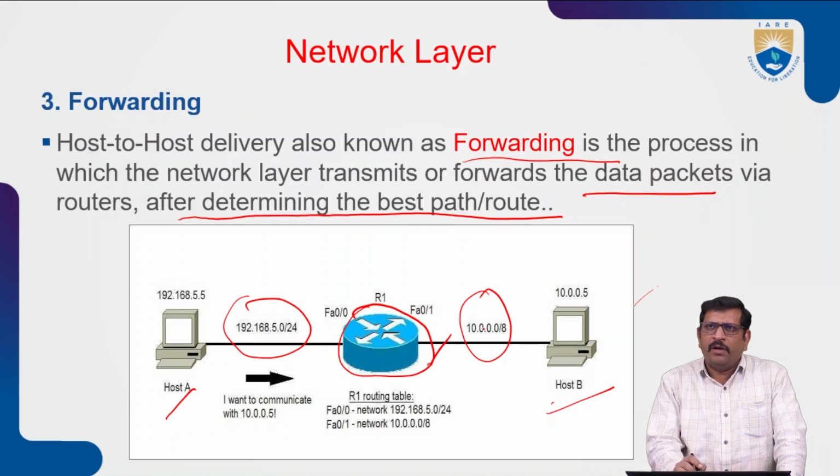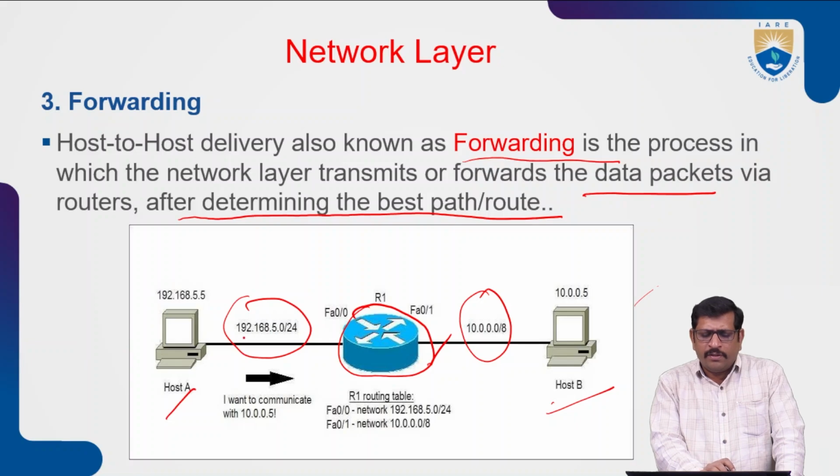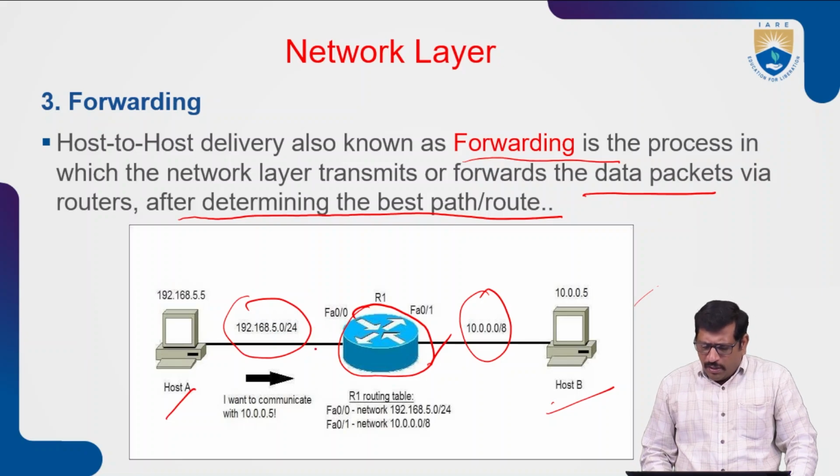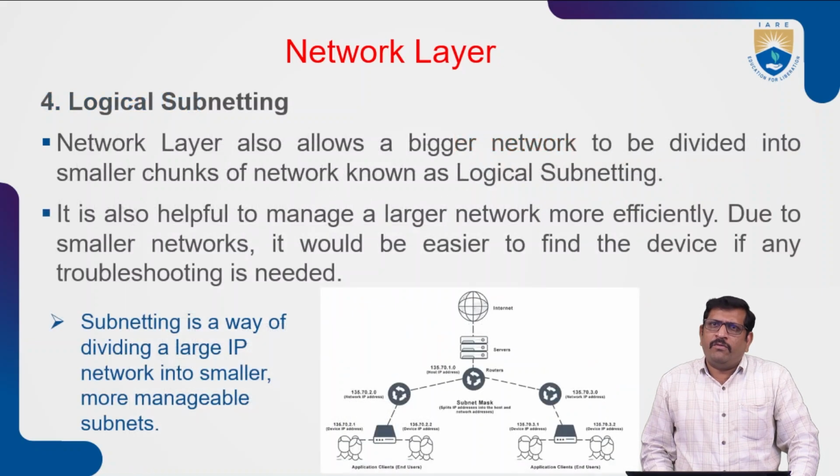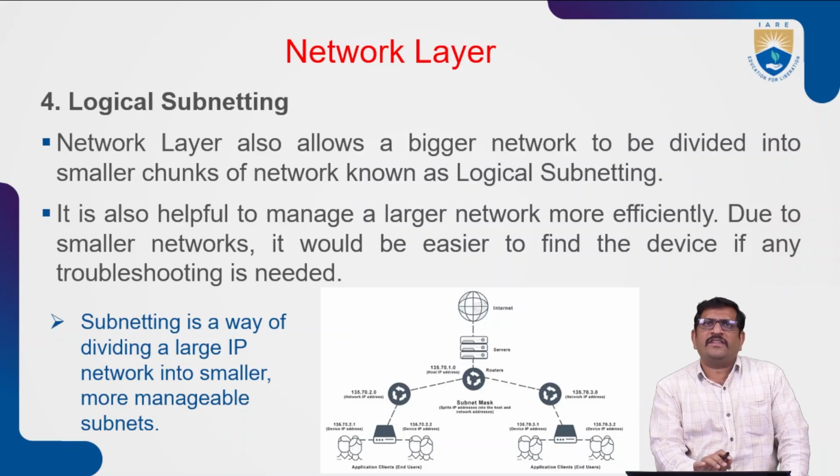Host B is working in the network 10.0.0.0/8, and host A is working in network address 192.168.5.0/24. With the help of the routers, data can be delivered from one device to another device.